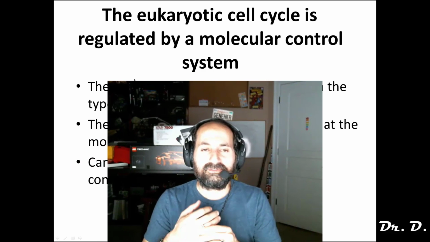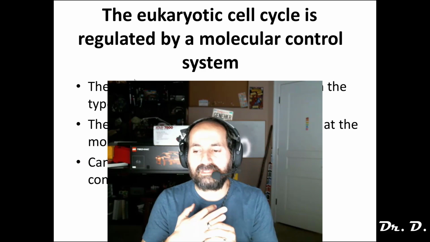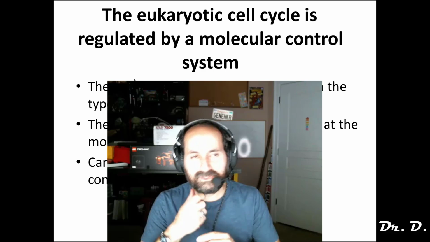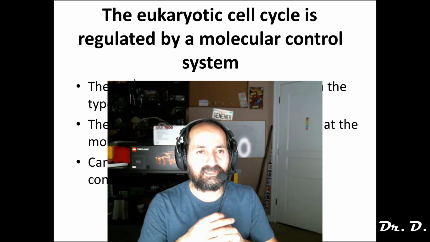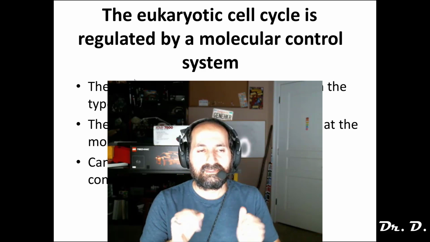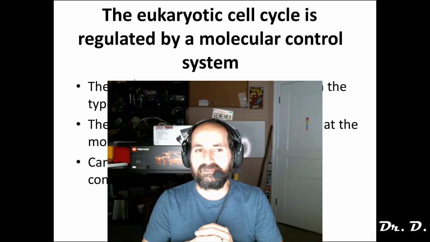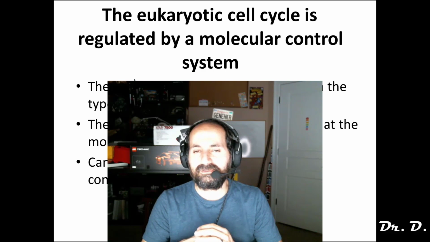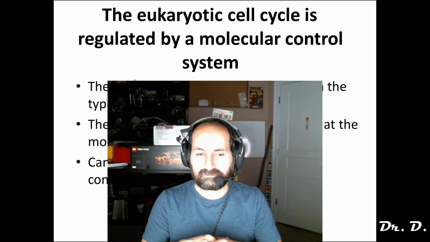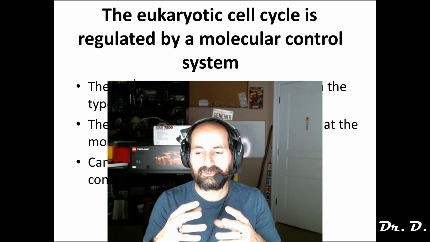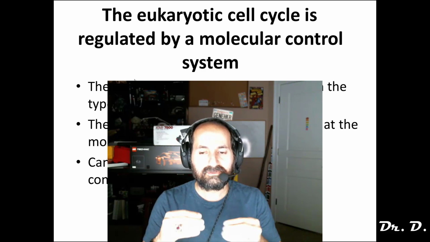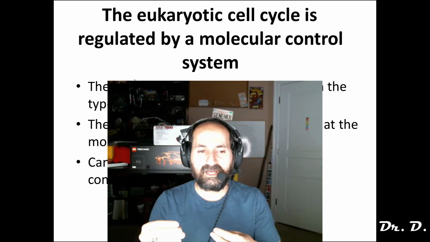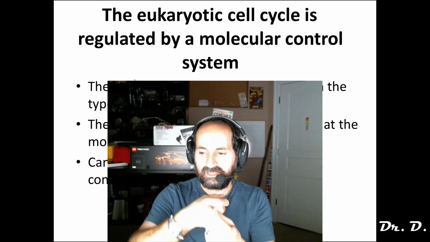Okay, this is the last concept in the chapter. Now we're going back to eukaryotic cells, talking about eukaryotic cells again. This final concept is regarding cell cycle control. What does that mean? Cell cycle control refers to your cells' ability to regulate how often they divide, right? So you've got skin cells.